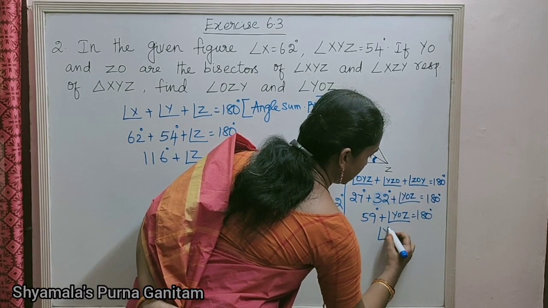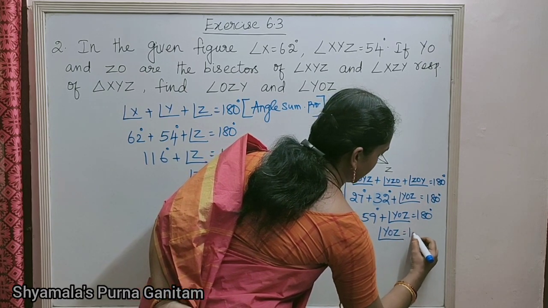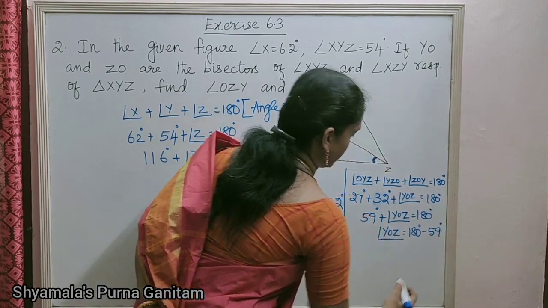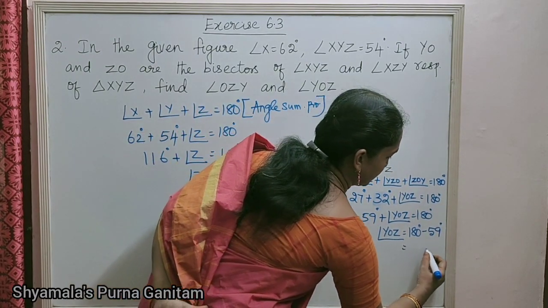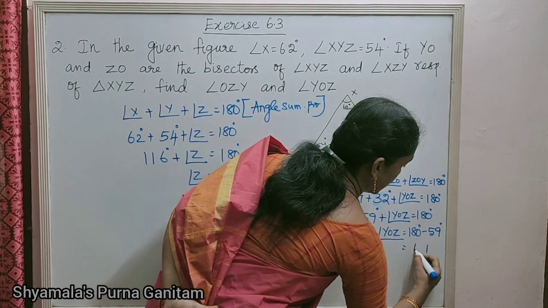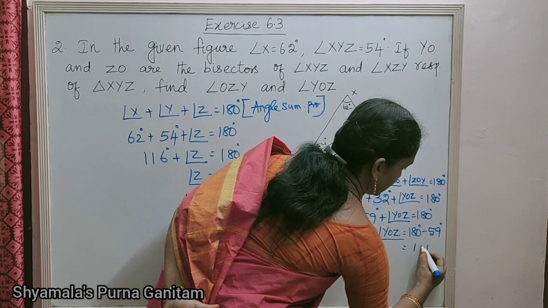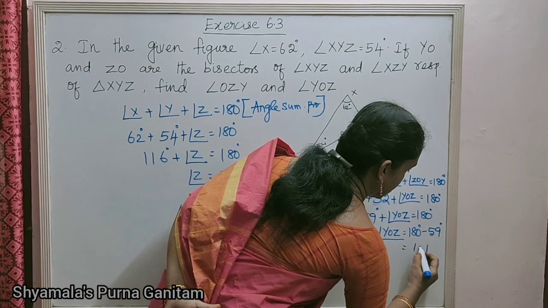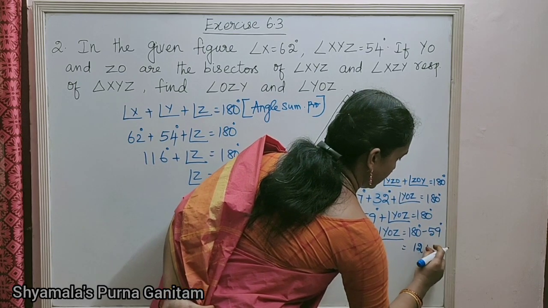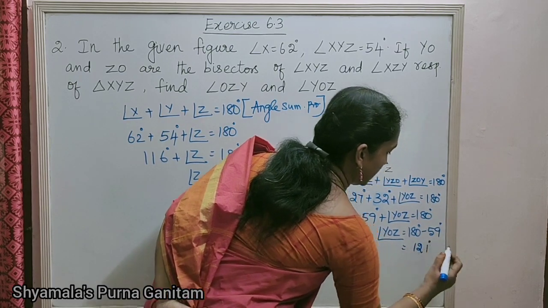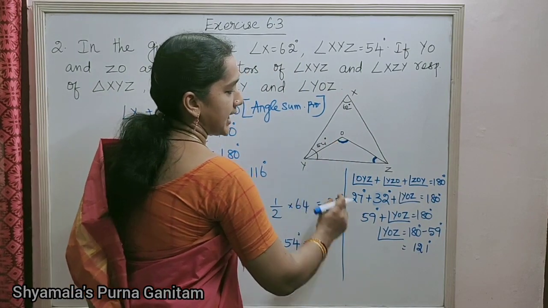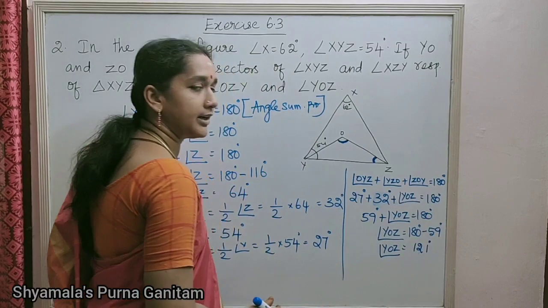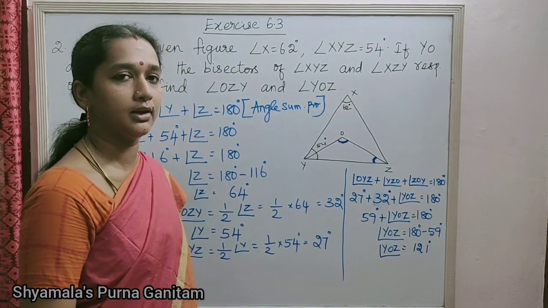So angle YOZ is equal to 180 minus 59, which is 121 degrees. YOZ is 121 degrees. Okay.